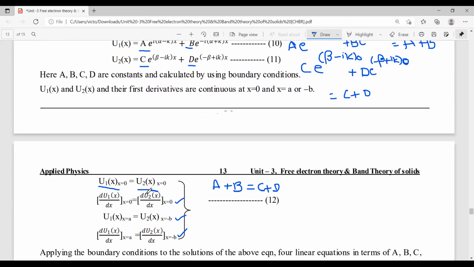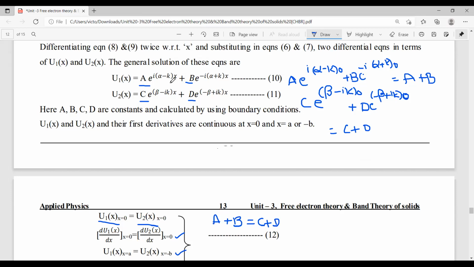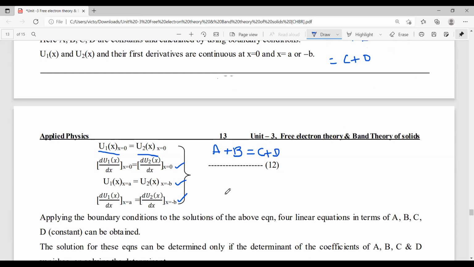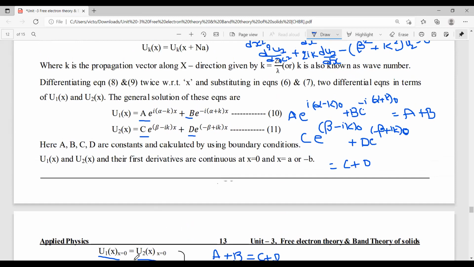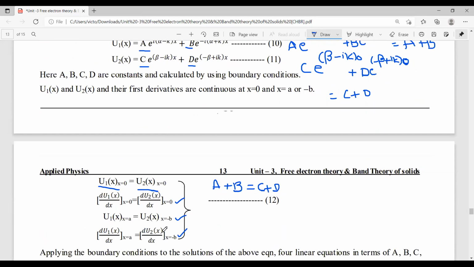These two expressions are equivalent, and we equate them. Similarly, taking x value as a for the differentiation of equation 10 and likewise equation 11, substitute x value as a, and by equating we get another equation.